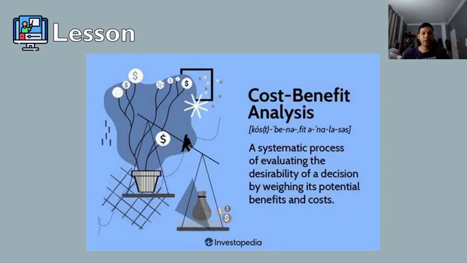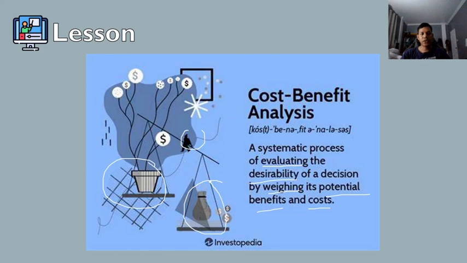Again, according also to Investopedia, cost benefit analysis is a systematic process of evaluating the desirability of a decision by weighing its potential benefits and costs. Just like on this picture here, this person is weighing what is more important, this one or this one.